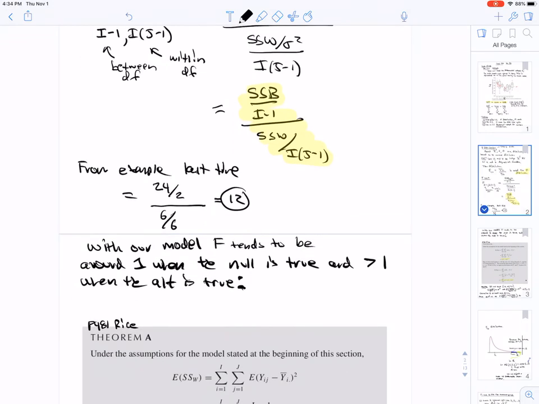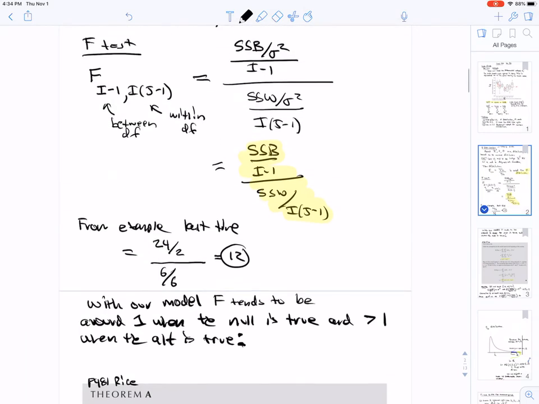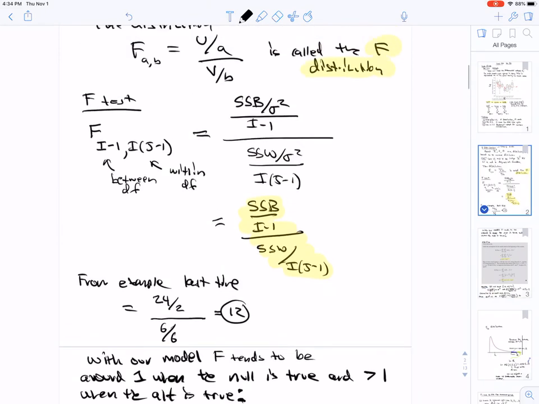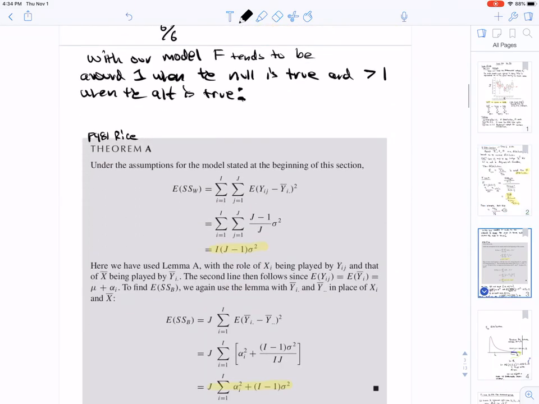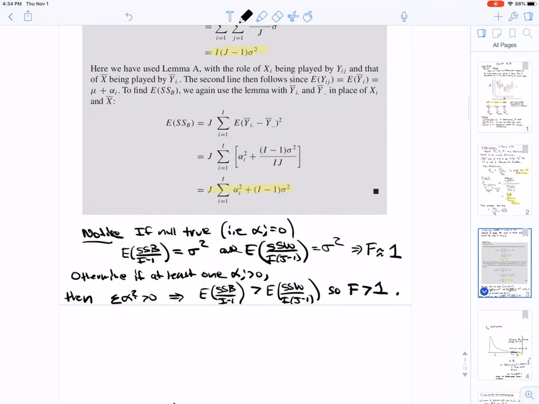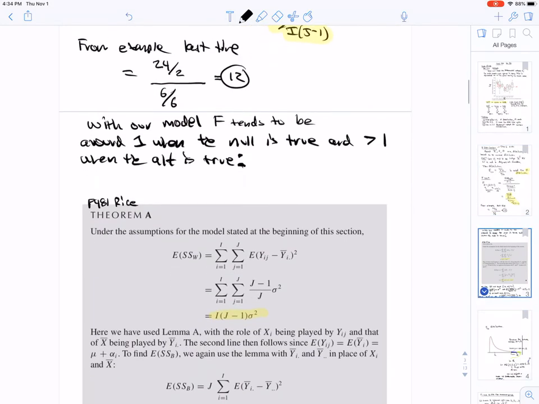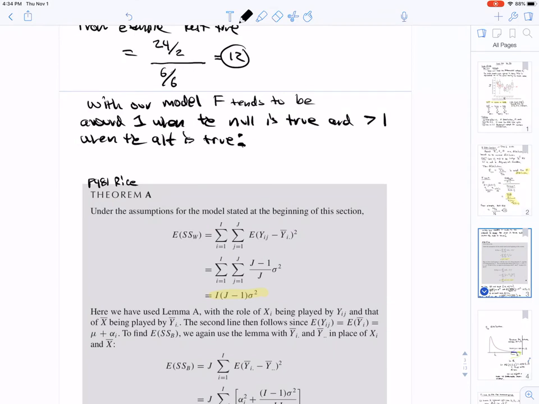Given the example from last time, we would have gotten an F statistic of 12, with degrees of freedom, I forgot what it was, 6 and 2 or something like that. 2 and 6, yes.